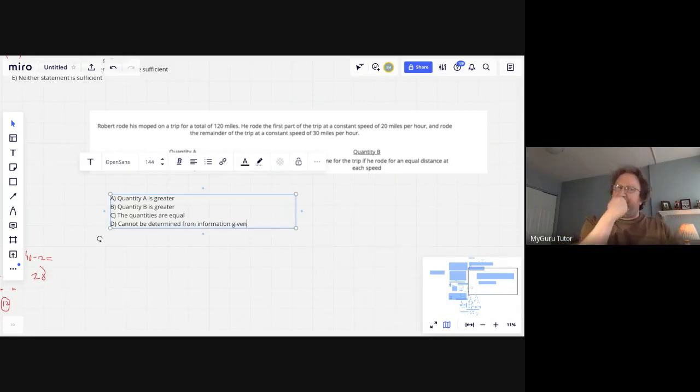Okay. Again, keep in mind how these are a little bit different. With the GRE, you're basically comparing values, whereas with the GMAT, you're determining whether the values are enough to give you the answer to the problem. All right. So sort of along the same lines, but kind of a different logic.